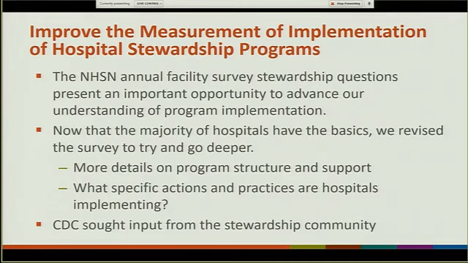We also want to improve the measurement of implementation of hospital stewardship programs, and the NHSN Annual Facility Survey stewardship questions present an opportunity to advance our understanding of program implementation. Now that the majority of hospitals have the basic core elements, we revised the survey to go deeper, asking for more details on program structure and support and what specific actions and practices hospitals are implementing. We received input from the stewardship community to ensure that we had meaningful questions.